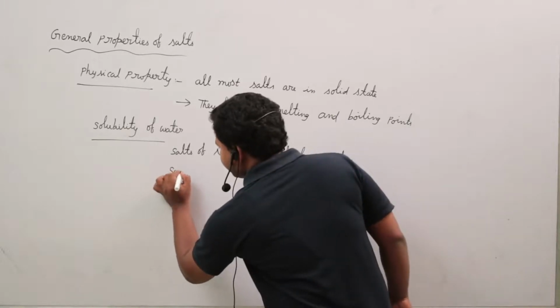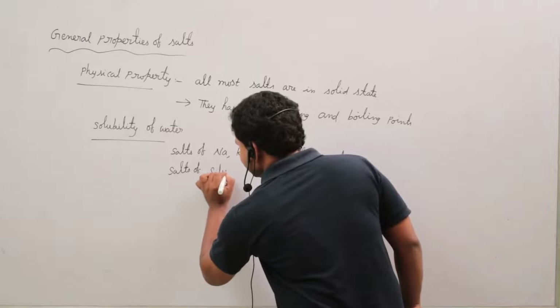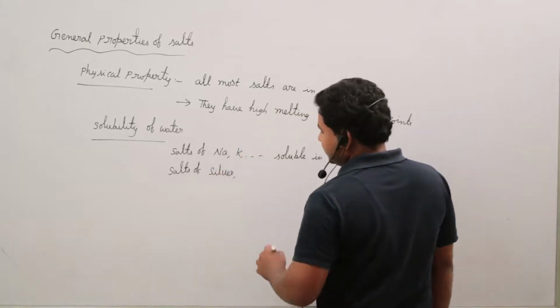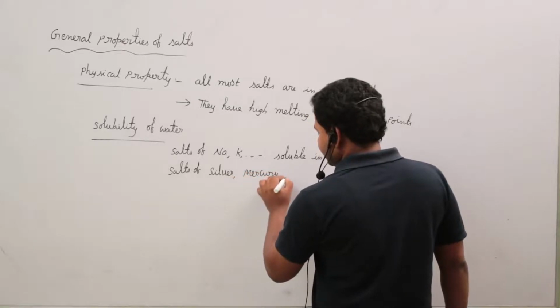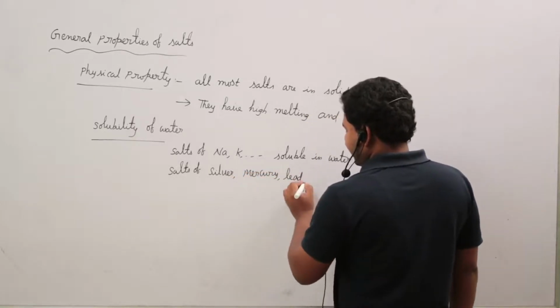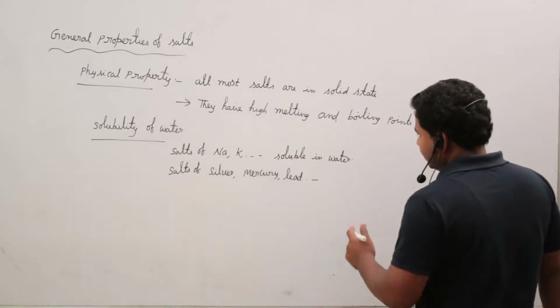Salts of silver, mercury, lead, etc., this type of salts are insoluble in water.